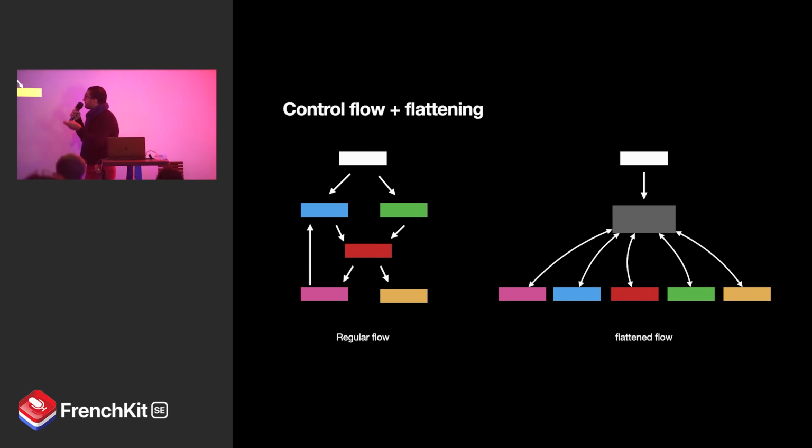And to put it simply, we can say that the gray rectangle will dispatch and call any APIs, and at the end of each call of each API, they will recall the dispatcher. We can say that this one is a huge switch case, for example, and it makes it difficult to understand. That's the job of this dispatcher.